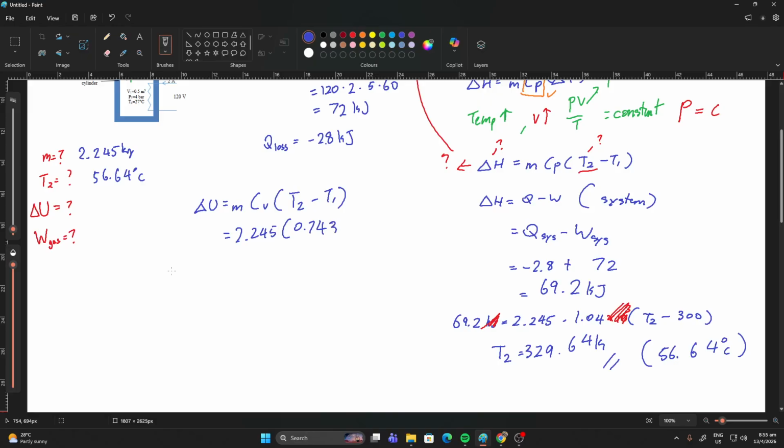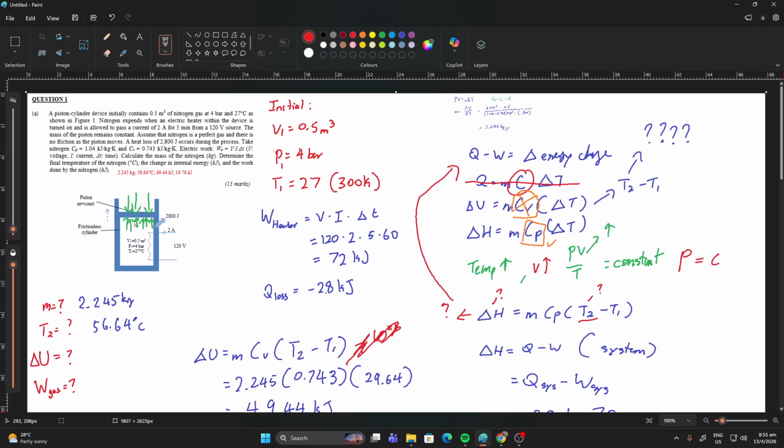Yeah, 743 over, what was it again? Oh, 29.64. You should get 49.44 kilojoules, because I didn't change this. Alright, I just straight away key in this number and I should be correct.